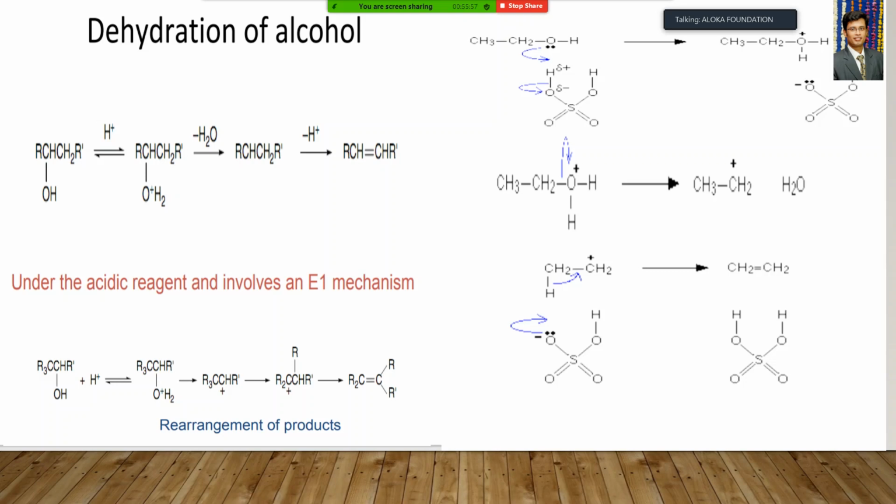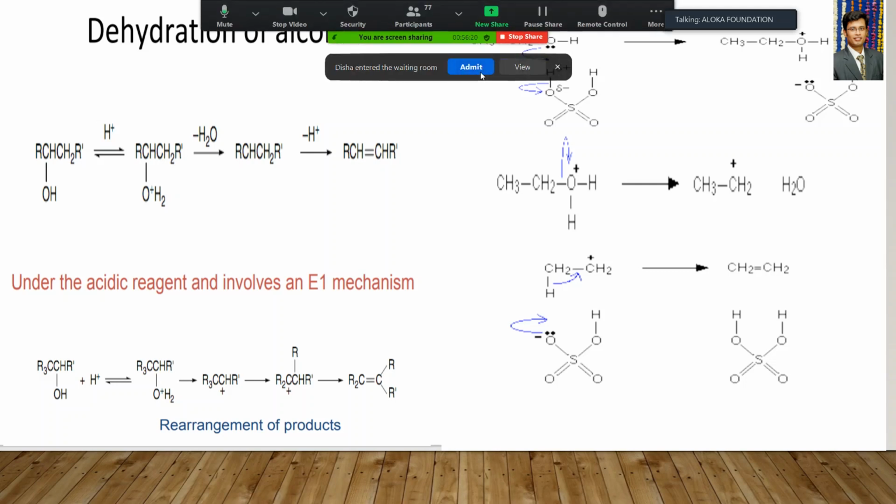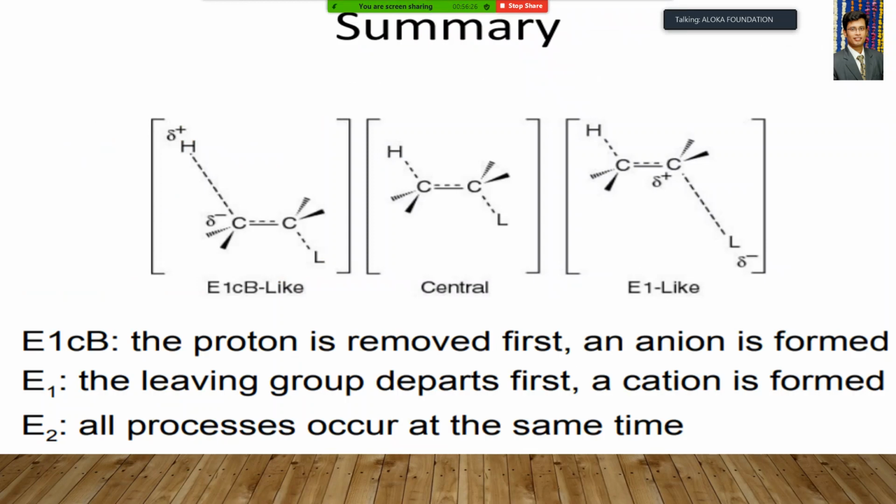Then water is lost to form a carbocation, and the bisulfate, the nucleophilic base present in the reaction, will abstract a proton from the carbocation, which is the beta hydrogen, and form an alkene, and you get back your H2SO4. That's why this is known as an acid catalyzed dehydration reaction.